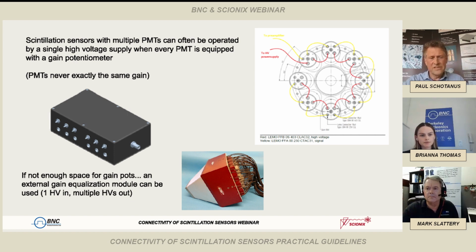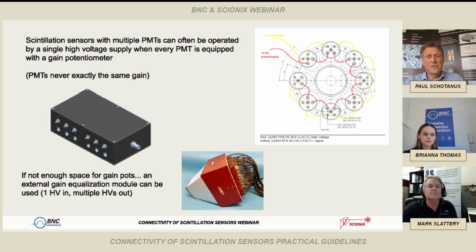Because the reality is that photomultiplier tubes never have the same gain. Because a photomultiplier tube is actually a device, like I earlier explained, where we're using secondary emission of dynodes, and the gain of these devices comes in wide values. And we always have to calibrate a system that contains more than one photomultiplier tube in this way.